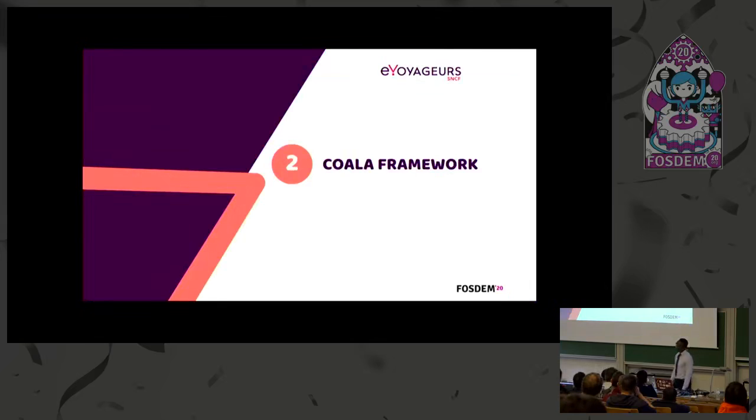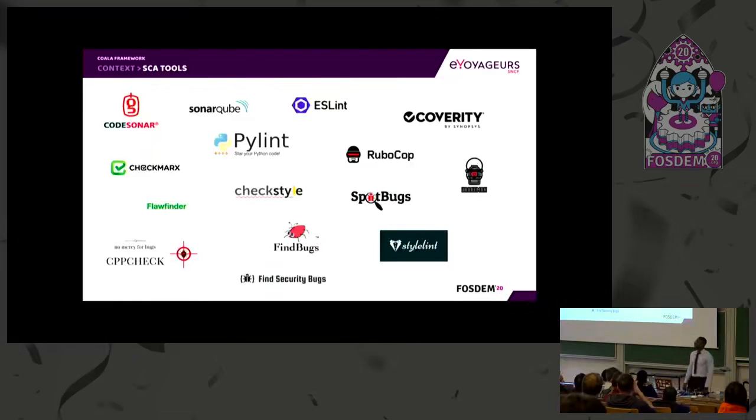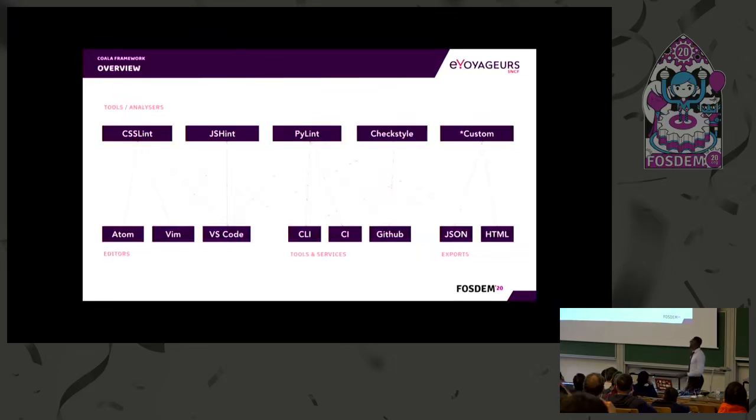The Coala framework. We have a lot of tools today to do static code analysis. As you see, there is a bunch of tools. And the more tools you have, the more ways you have to configure those tools. And it's pretty hard. So let's categorize those tools into analyzers, as you see up there.